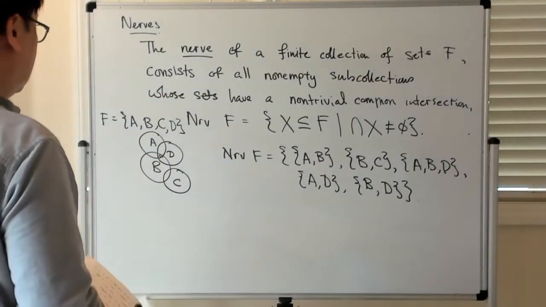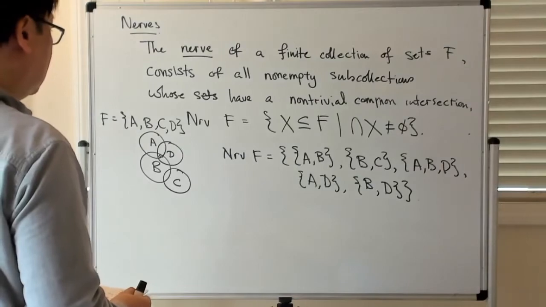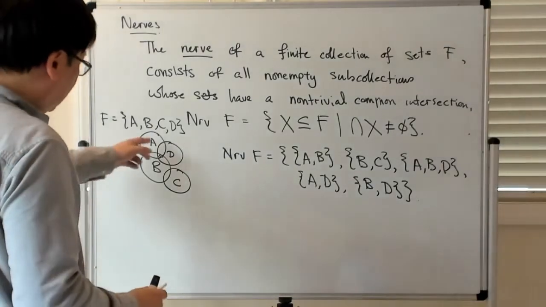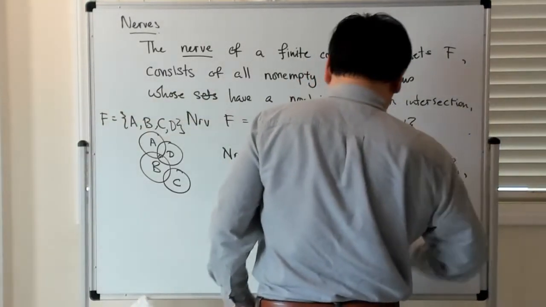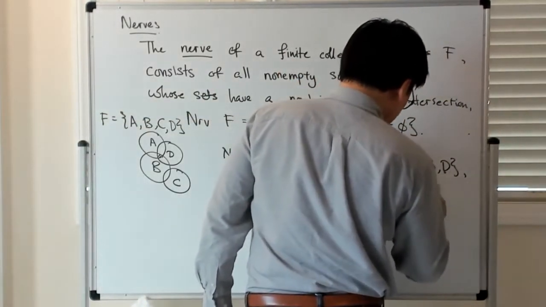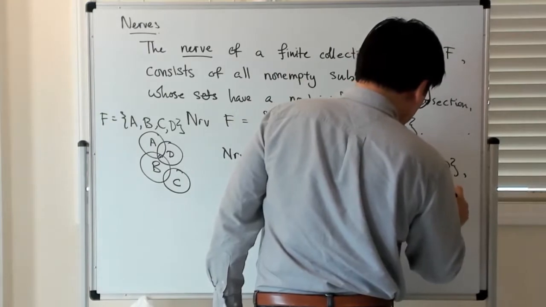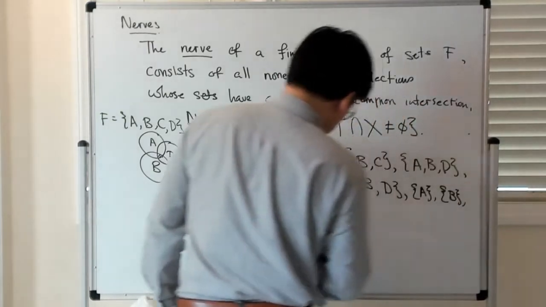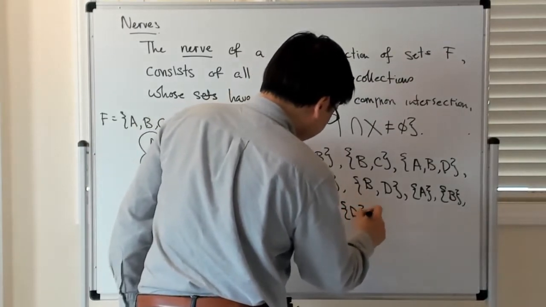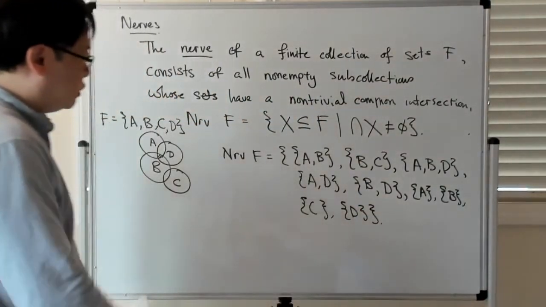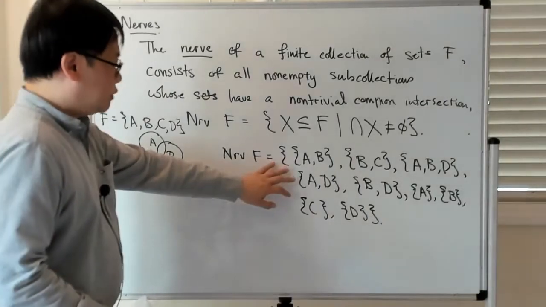And technically speaking, each of those pieces on their own is also part of the simplicial complex. So you also have A on its own, B on its own, C on its own, and D on its own.